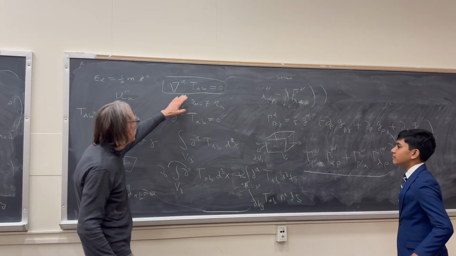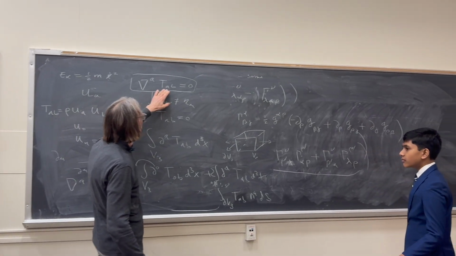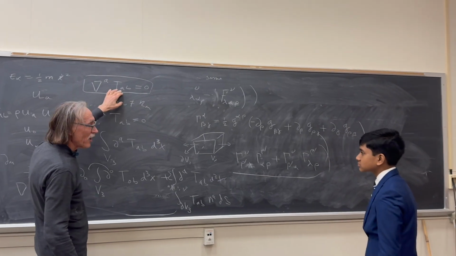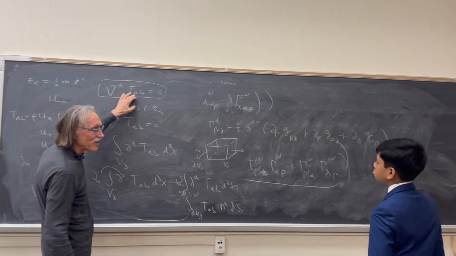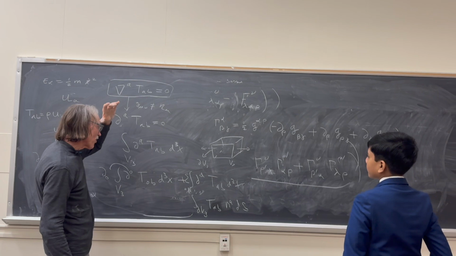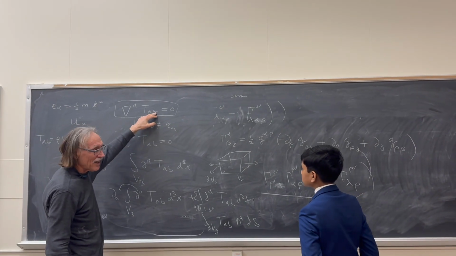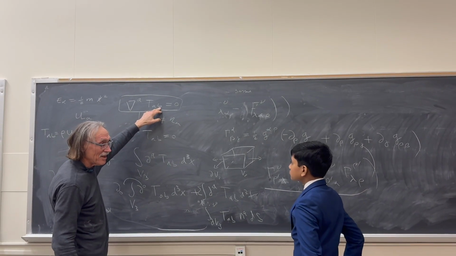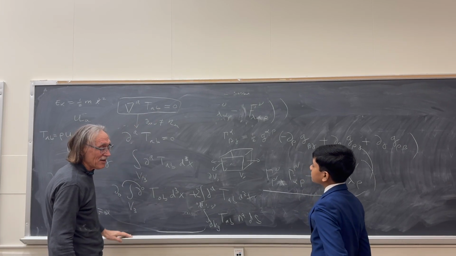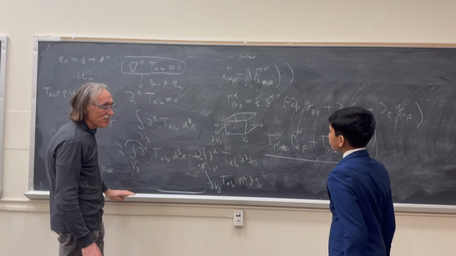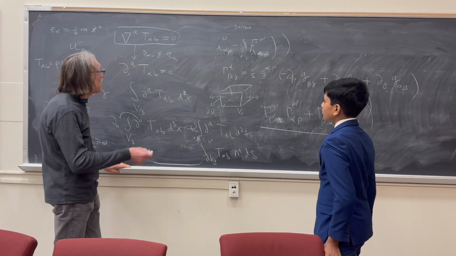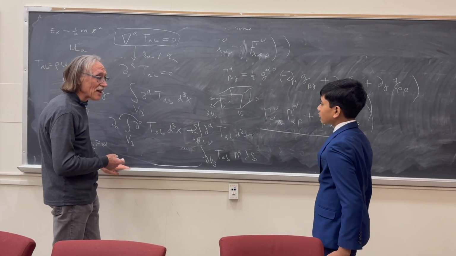Yeah. So what this is, it is really the momentum flux of component A through the surface with normal B. All right. But that is even hard to visualize.